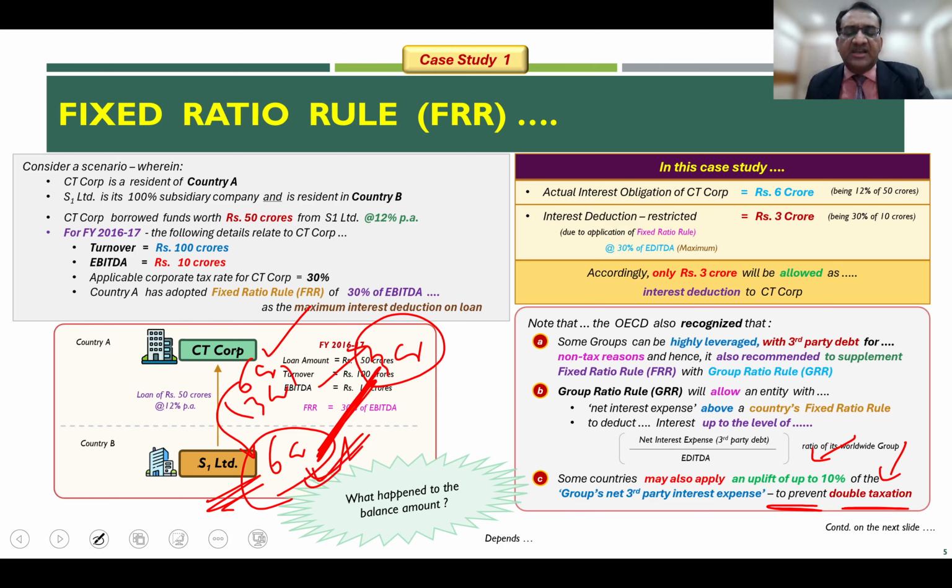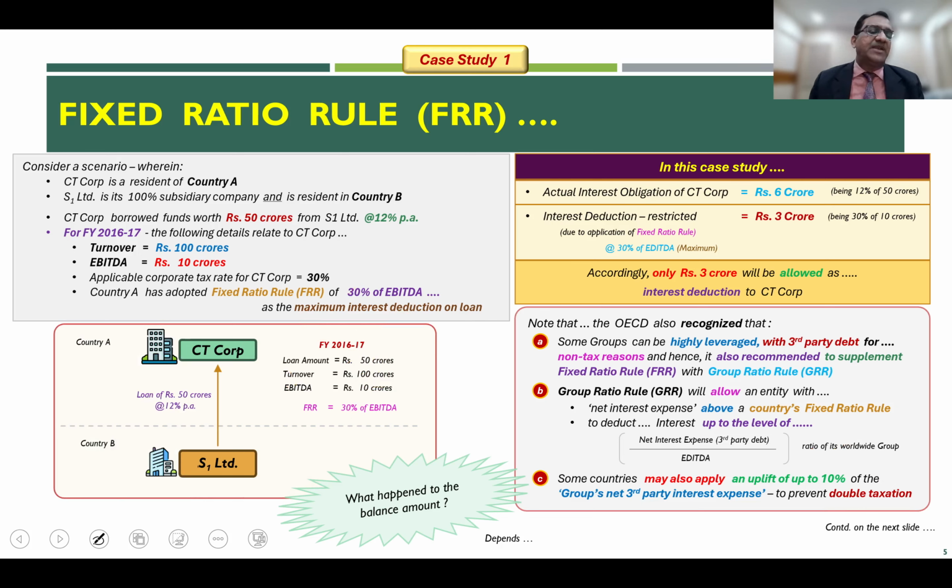This jurisdiction levies full tax on this, but the other jurisdiction doesn't give you the deduction for the interest expense. And therefore, this uplift is intended to avoid double taxation. That's the reason why this uplift is sometimes given by a few countries. I'll explain this concept of the uplift when we go to case study number 3. So this is case study 1.